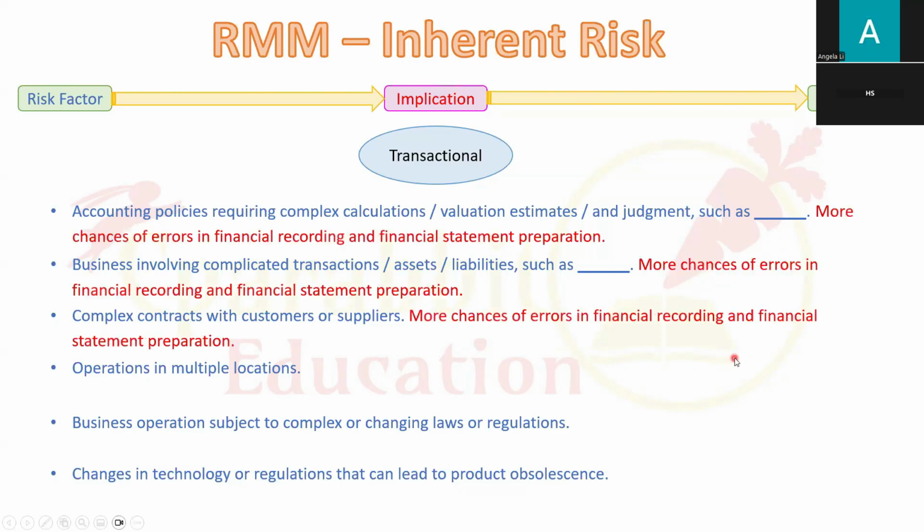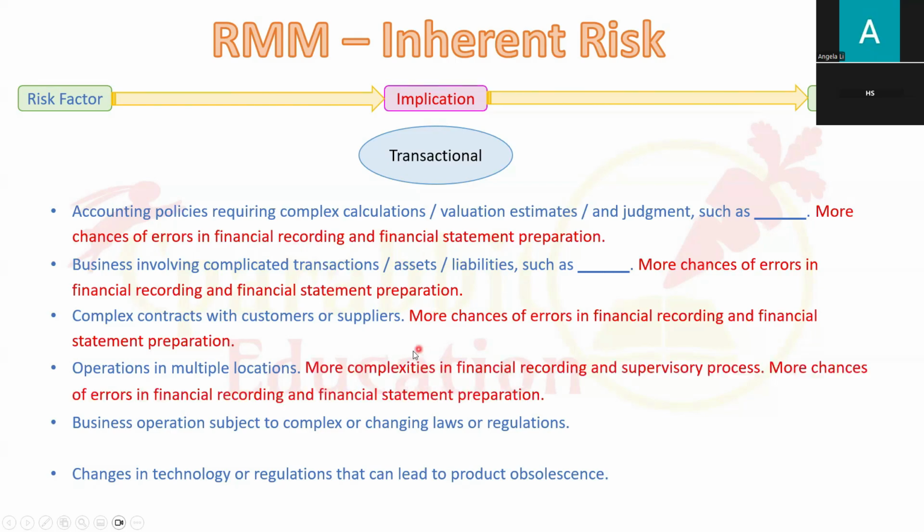Why? Because the transactions are complex. Because the contracts are complex. Complicated things make people make errors because it's so complicated. So people make mistakes. Therefore, RMMs increase, right?